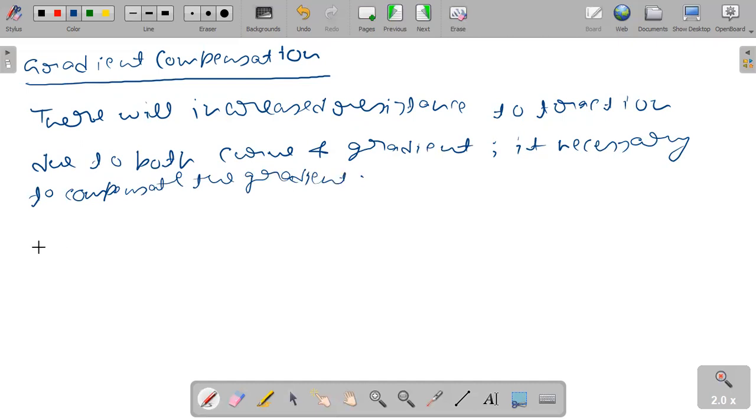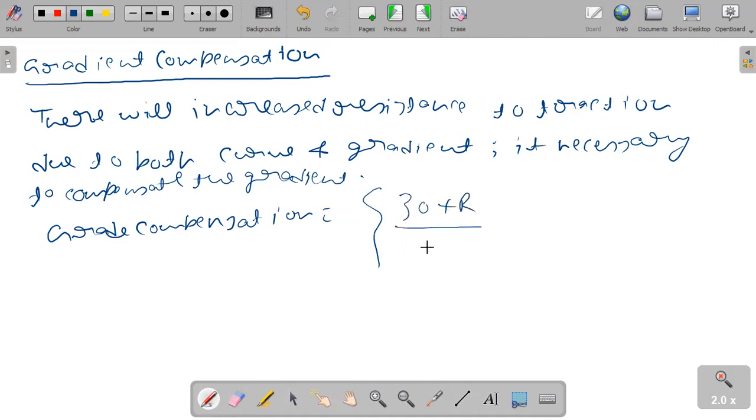Okay, so we have a formula for grade compensation. Grade compensation is equal to (30 plus R) by R percent, or 75 by R percent.